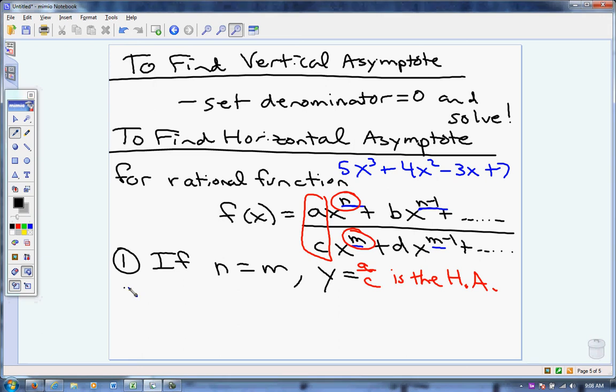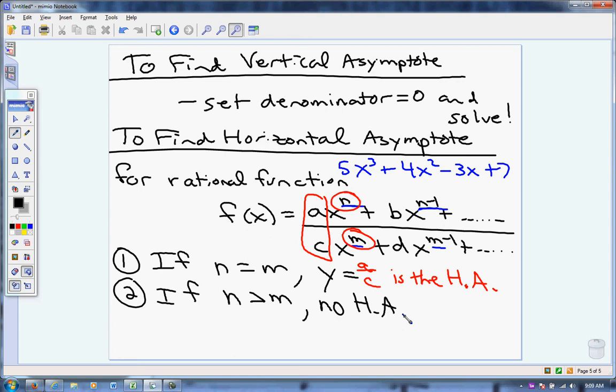It doesn't matter. If the highest power of the top and bottom are the same, then the coefficients of those highest powers give the horizontal asymptote automatically. How about if n is bigger than m? If the highest power of the top is bigger than the highest power of the bottom, there's no horizontal asymptote. It does not exist.